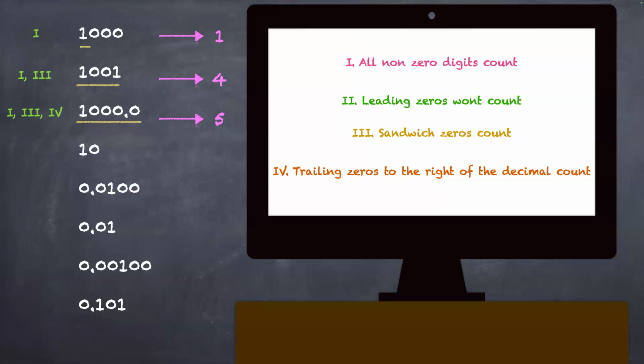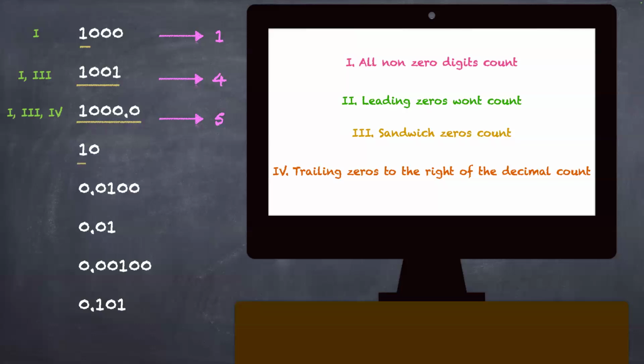If you remove them, all of a sudden your number from 100 becomes 1, so it's very different in terms of value. Those zeros are about magnitude, not about precision, so they're not significant. That's why in 1,000.0, the zero at the end is intentionally put there in terms of precision, and that's why it does count as a significant figure.